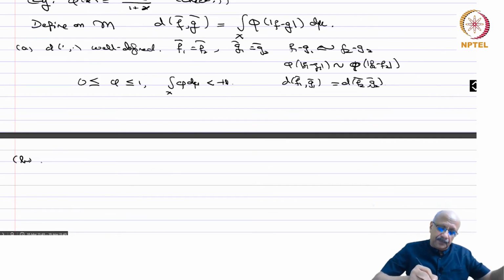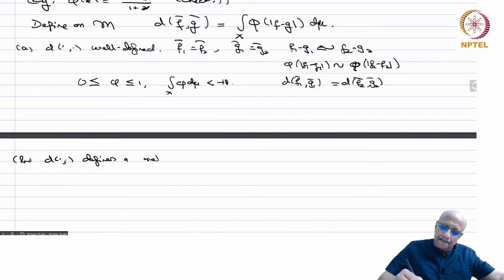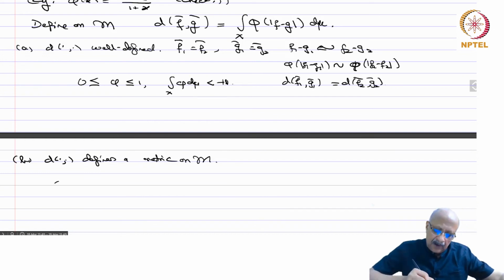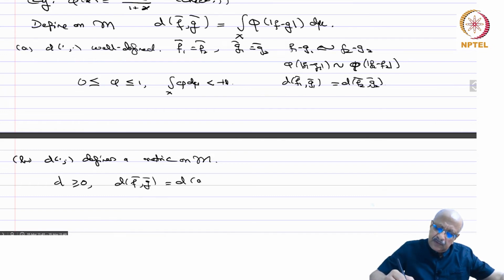(b) d defines a metric on M. So d is of course greater or equal to 0. d of f bar, g bar is the same as d of g bar, f bar. That's no problem.